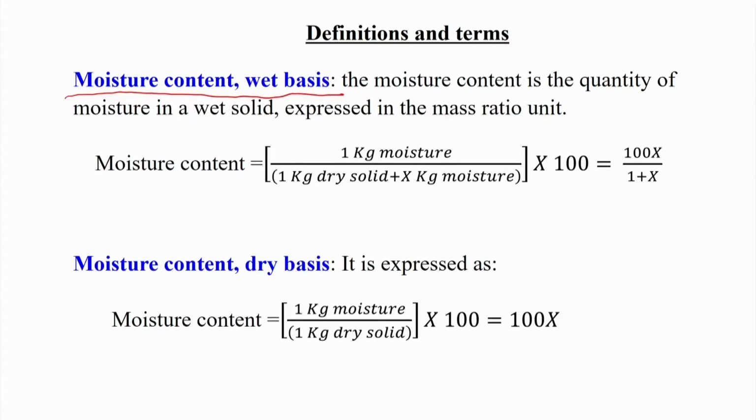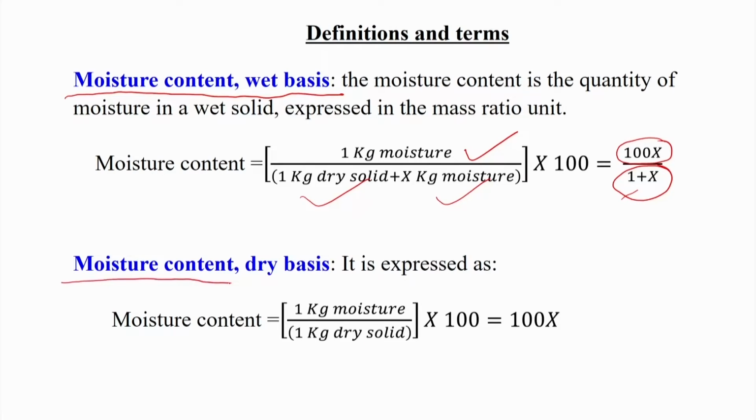On a wet basis, the moisture content is the quantity of moisture in a wet solid expressed as a mass ratio. So, moisture content will be x kg moisture divided by 1 kg dry solid plus x kg moisture. Multiplying by 100 for percentage, it is 100x divided by 1 plus x, where 1 is the 1 kg dry solid and x is the x kg moisture.